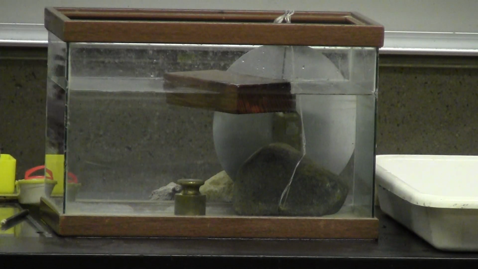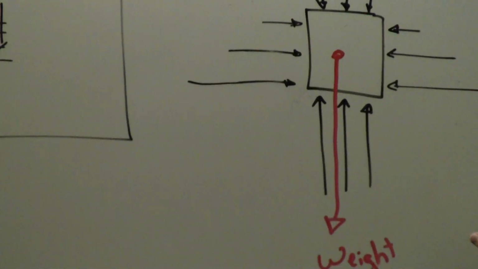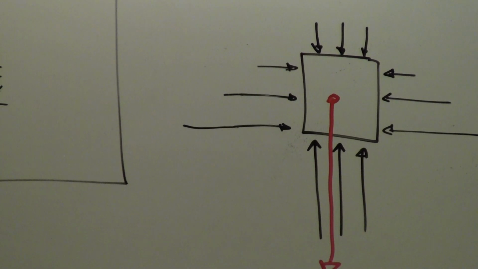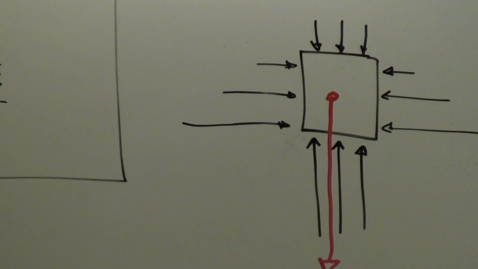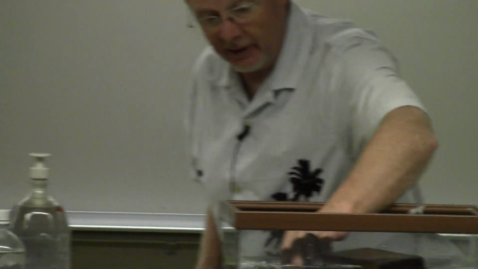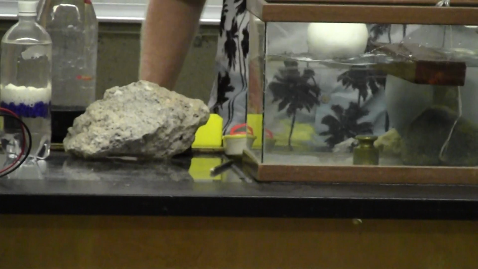You see, if this pressure difference between the bottom and the top is what's making it go up, that's the buoyant force, and what's making it go down is the weight, and if some things go down, like a rock and brass, and some things go up like wood, and maybe I should show a second one. How about styrofoam? Put the styrofoam under here. Yep. Oh, yep. Goes up.